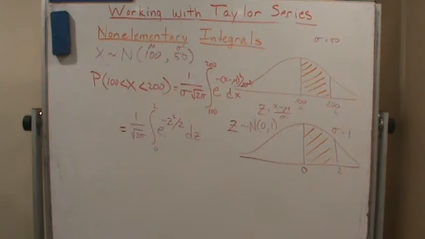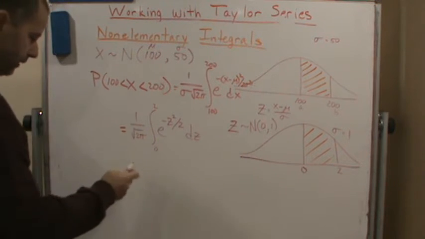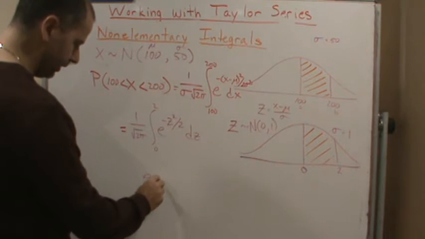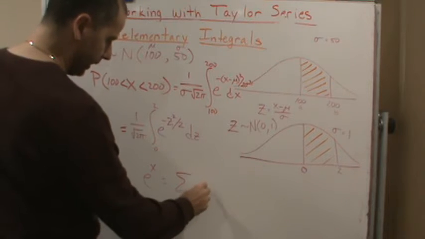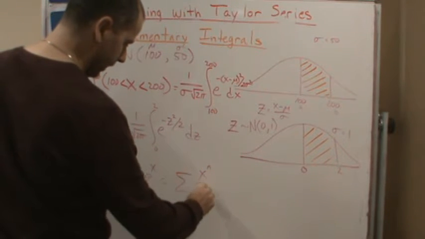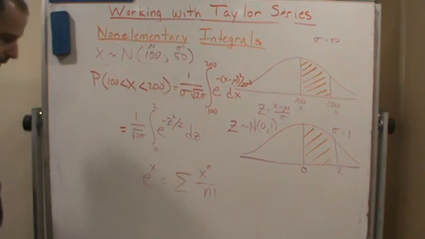Now I'm going to do the Maclaurin series. Remember the Maclaurin series for e to the x is given by the sum of x to the n over n factorial.